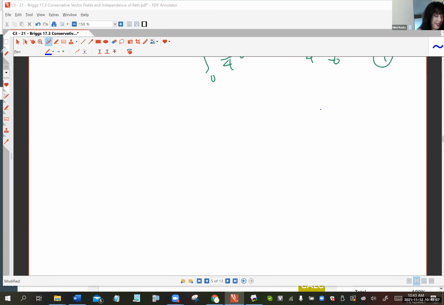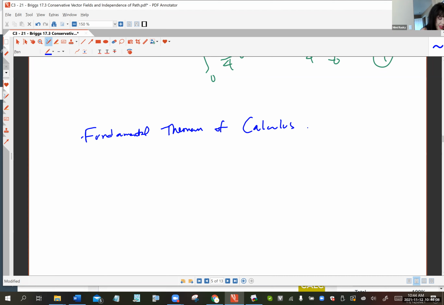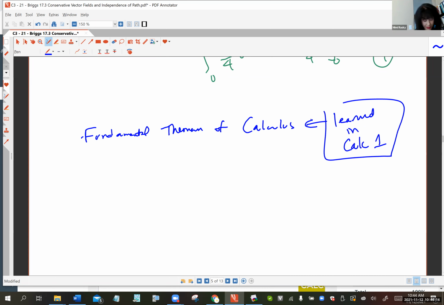Yeah? So before we talk about the fundamental theorem of line integrals, let's do a pop quiz here. What is the fundamental theorem of calculus? And you learned this in Calc 1. Does anybody know it?